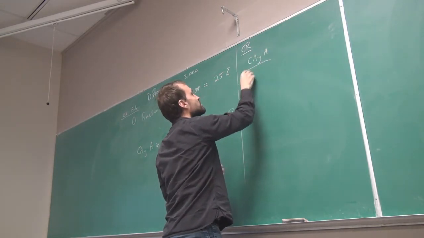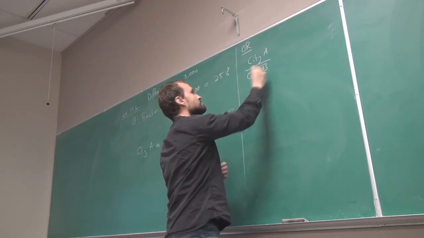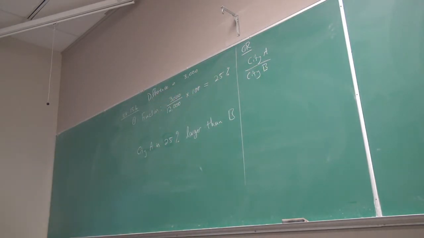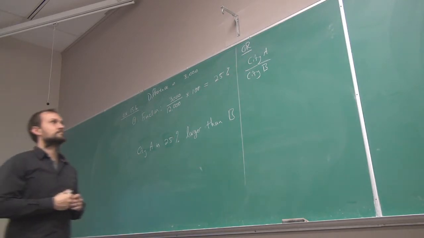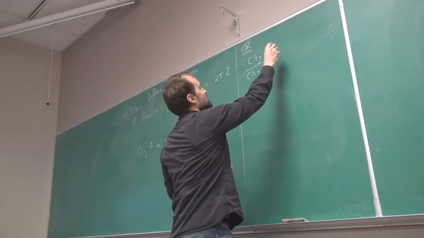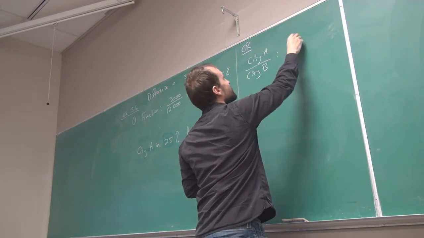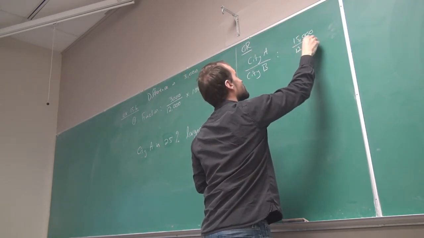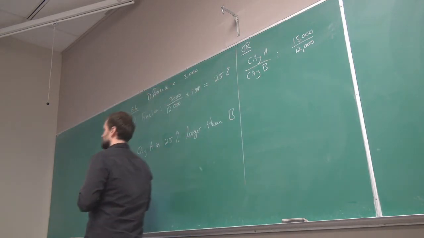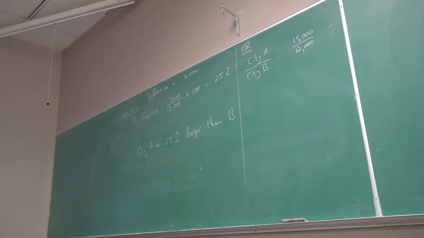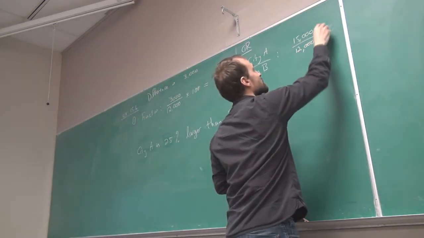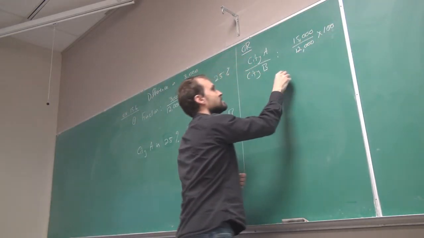A, relative to city B. So look at it that way. That would be 15,000 over 12,000. Let's make that a percentage. What do I get?